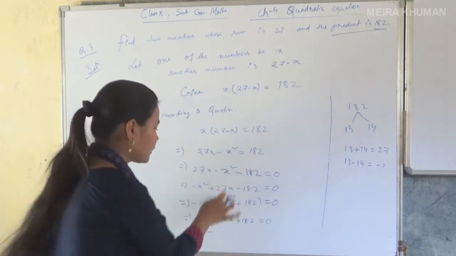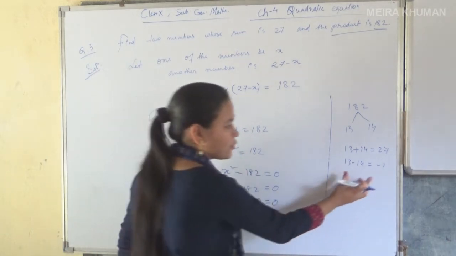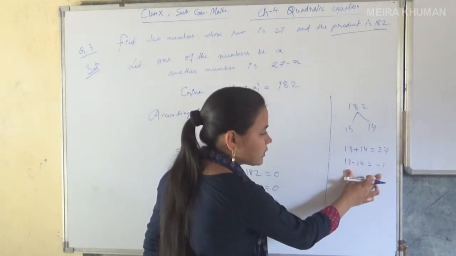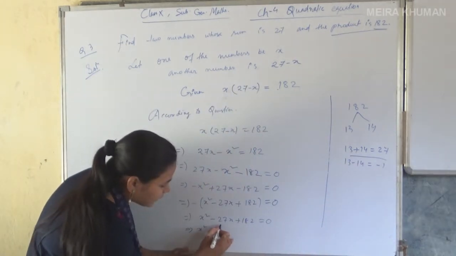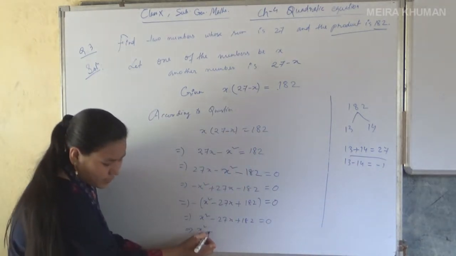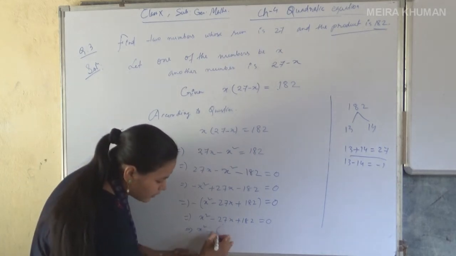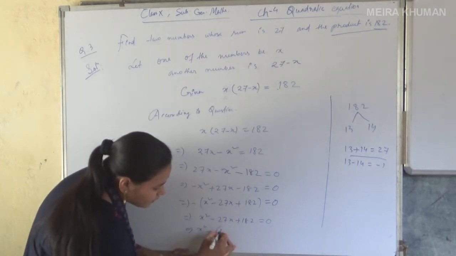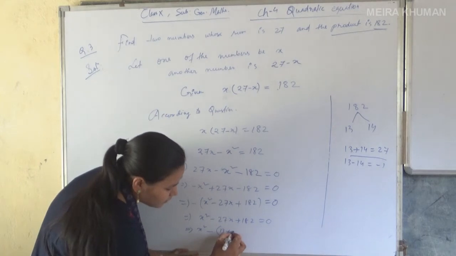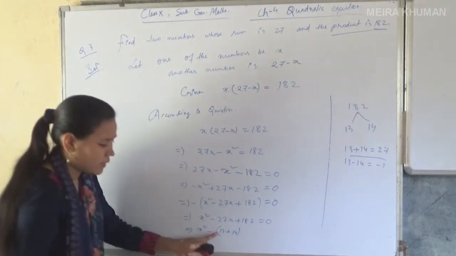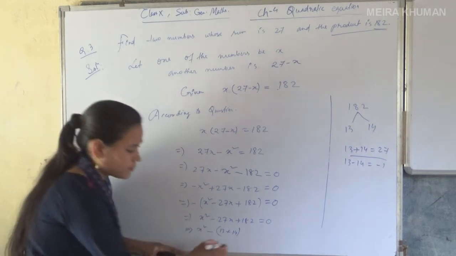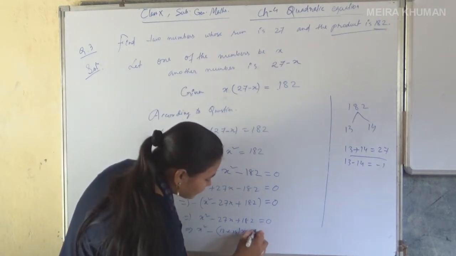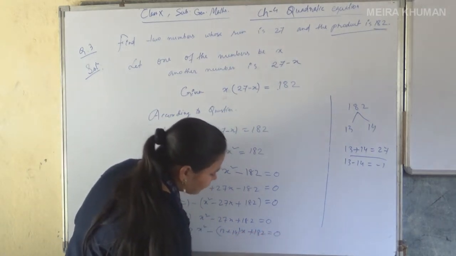The middle term is 27, so keep the minus sign. In place of 27, you can write 13 plus 14. So x square minus 13x minus 14x plus 182 equals 0.